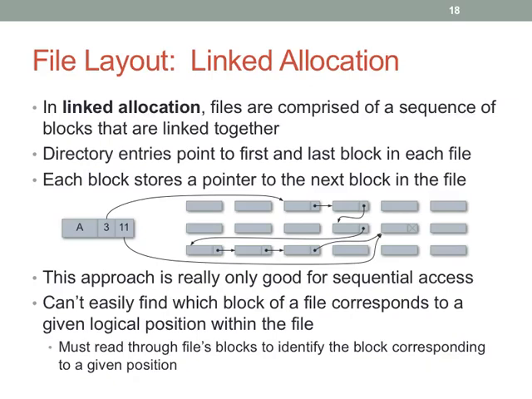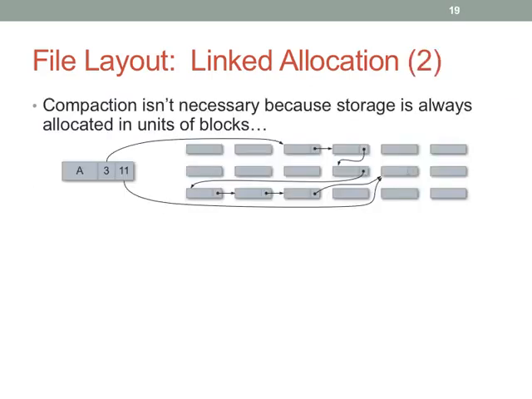So this is the downside of linked allocation, or I should say one downside. Another downside is that, well, I'll get to that in a second. But you'll notice here that since we allocate chunks of a single size, we basically don't have any issues with external fragmentation anymore. That's one of the things you always notice. If you allow the program to dictate the size of the storage unit, then you're going to have external fragmentation issues.